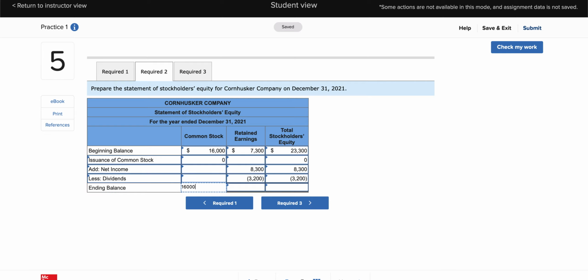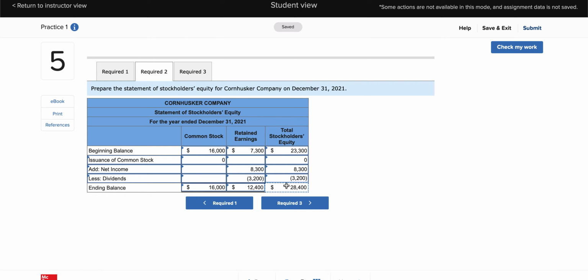Okay, so 16,000 here. Let's see. We have 7,300 plus 8,300 equals 15,600 minus 3,200 in dividends, and I have $12,400 for my ending balance. 12,400 plus $16,000 is $28,400.